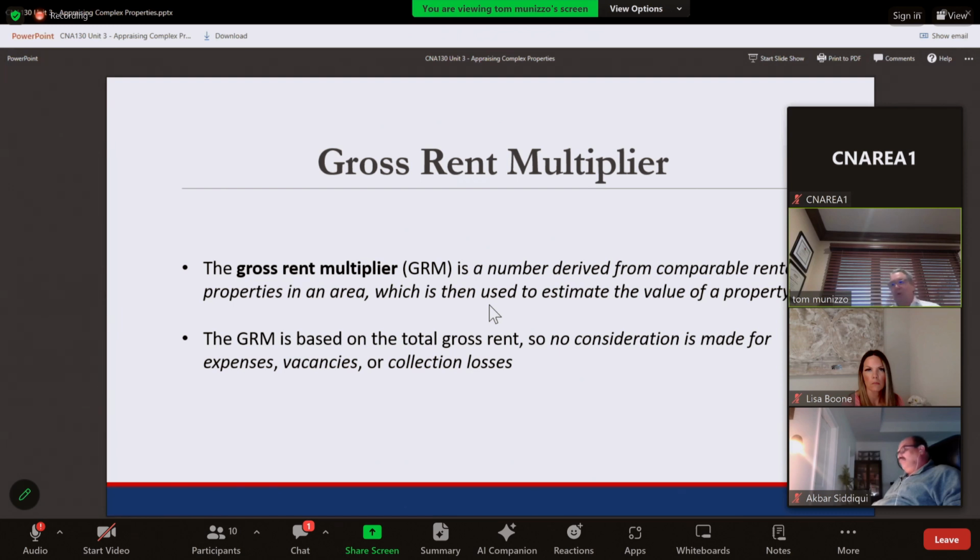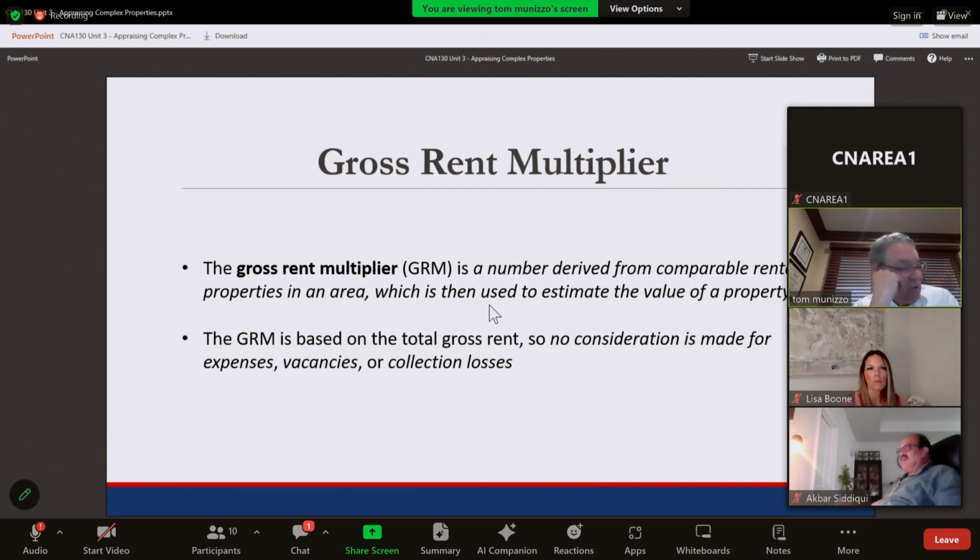Gross rent multiplier: you take that from your comparable rentals in the area to estimate the value of the property. It's based on the total gross rent, so no consideration is made for expenses, vacancies, and collection losses.